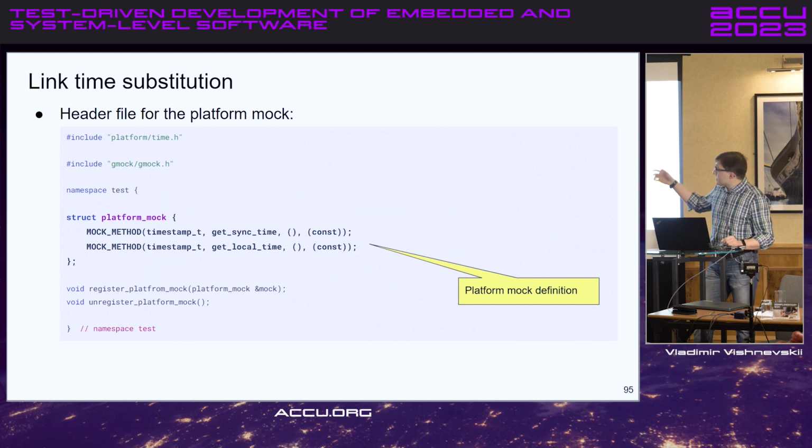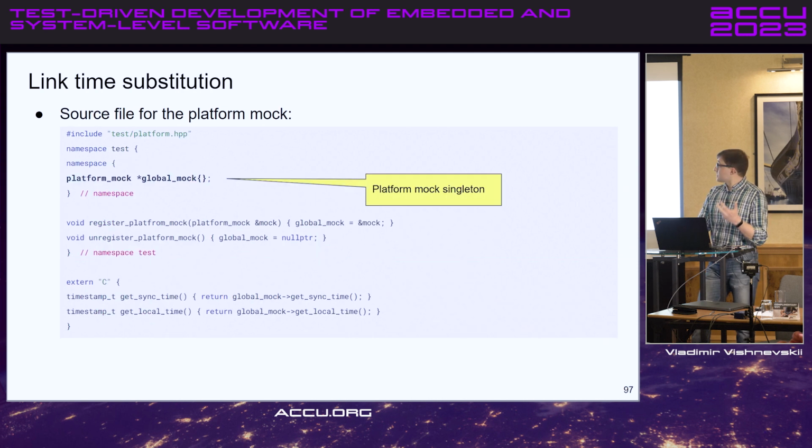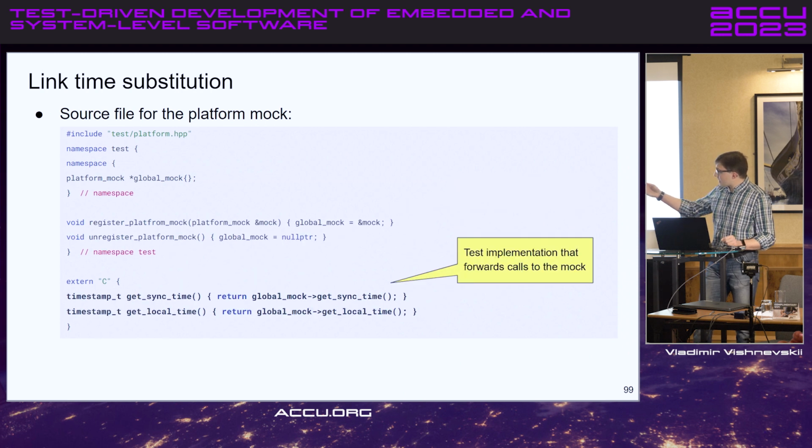Based on the types that are declared there, we just define our mock. We provide functions that can be used to register this mock. And then we use some mock as a singleton that we can register and unregister using the functions that we mentioned. And then our test implementations of our platform functions will be just forwarding the calls to the mock object.